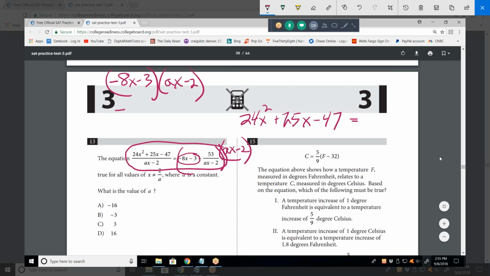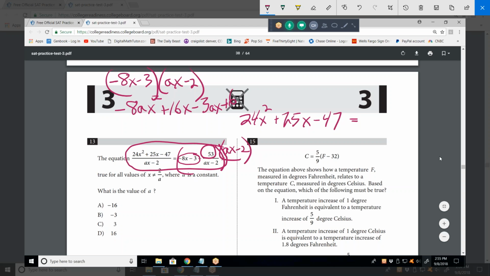That's minus 8ax squared plus 16x minus 3ax plus 6. Minus 53. See where we get the minus 53?